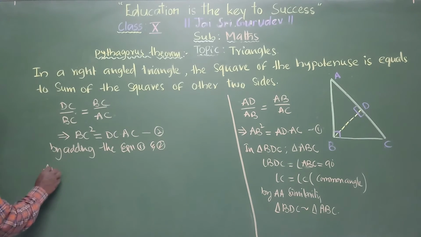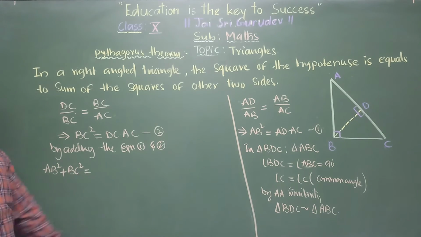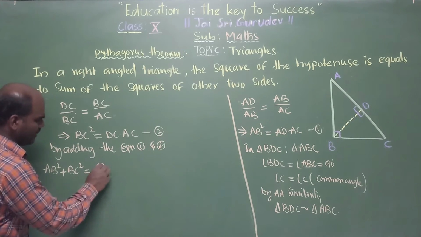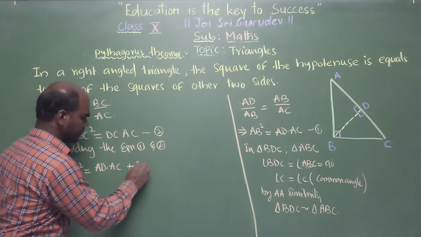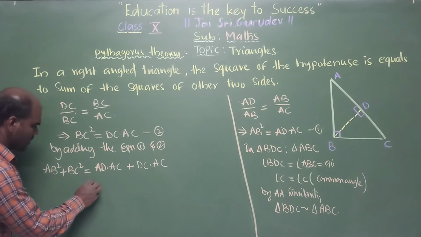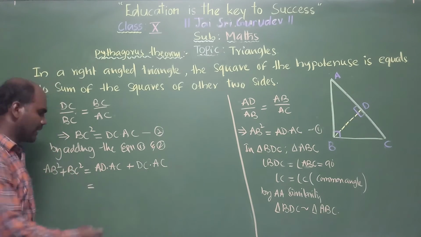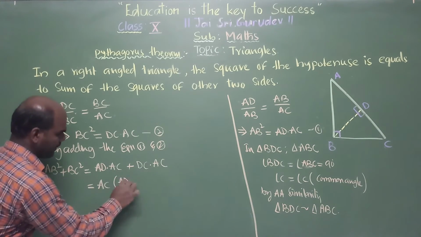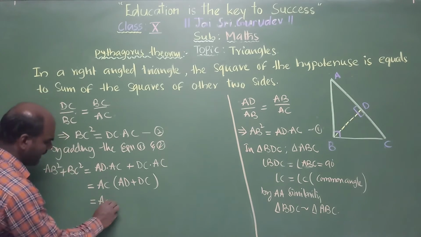So AB square plus BC square is equal to AD into AC plus DC into AC. What is the common, children? AC is common. Taking AC common, that is AC of AD plus DC.